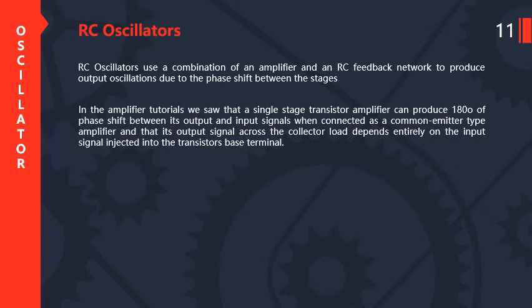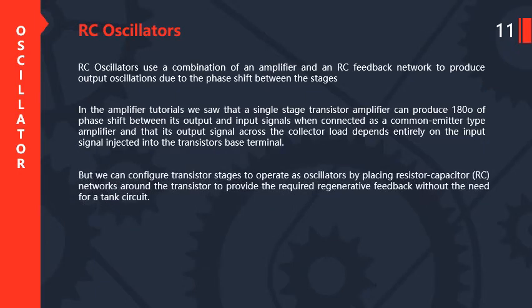In the amplifier tutorial, we saw that a single stage transistor amplifier can produce 180 degrees of phase shift between its output and input signal when connected as a common emitter amplifier, and the output signal across the collector node depends entirely on the input signal injected into the transistor base terminal.